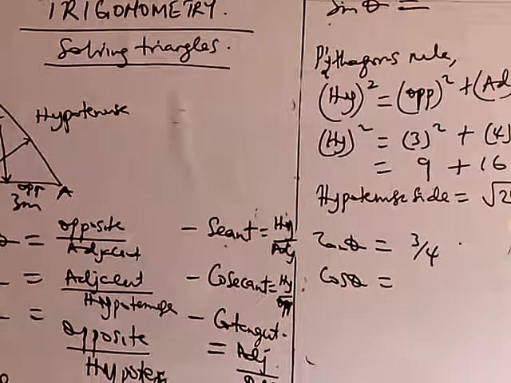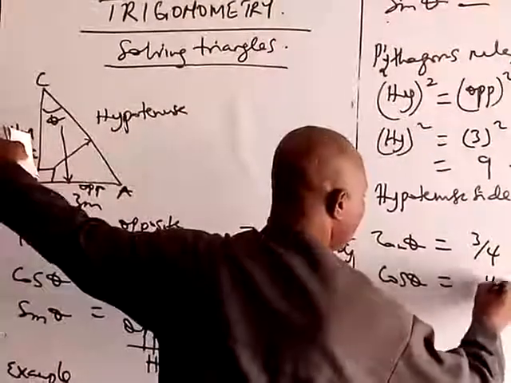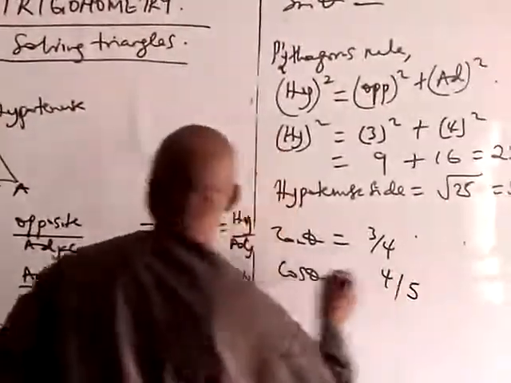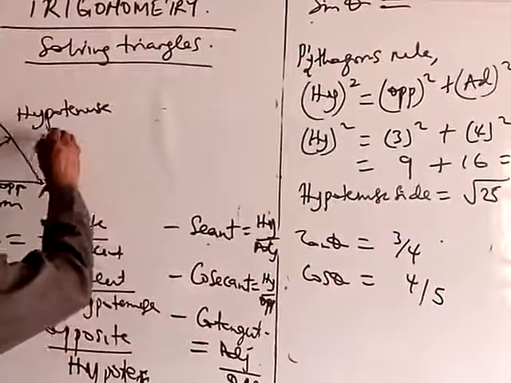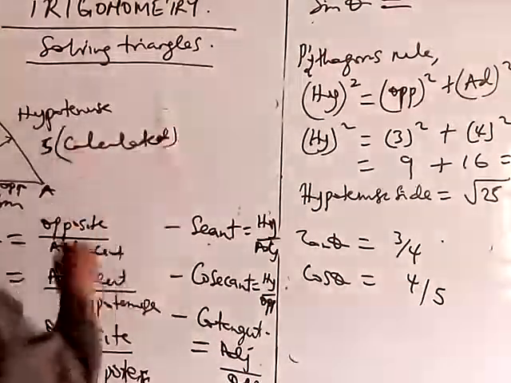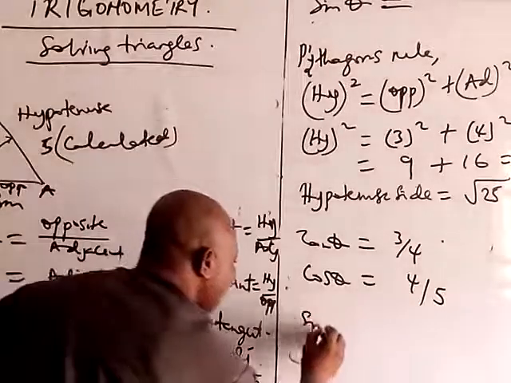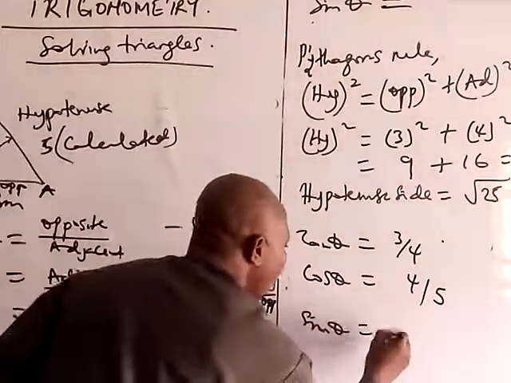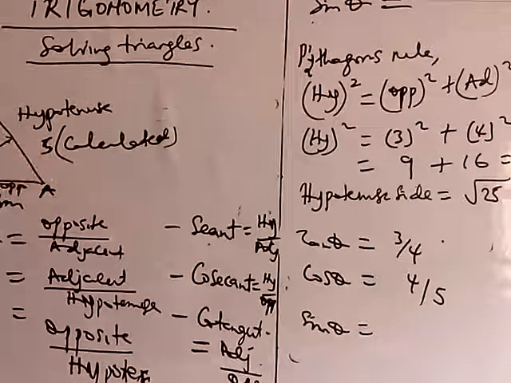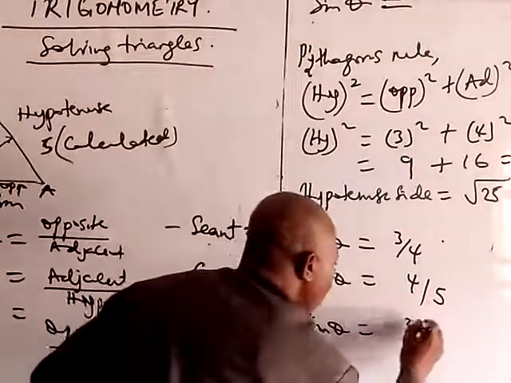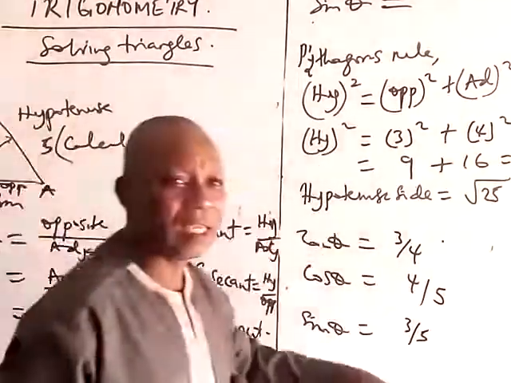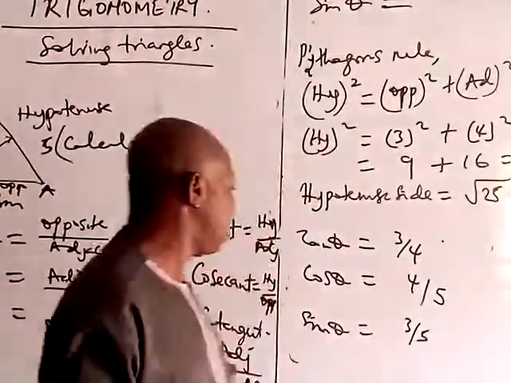The adjacent side there is 4, and the hypotenuse side is 5. Likewise, the sine theta will give us the opposite side all over hypotenuse side. That's 3 all over 5. These 3 are called the basic trigonometric ratios.